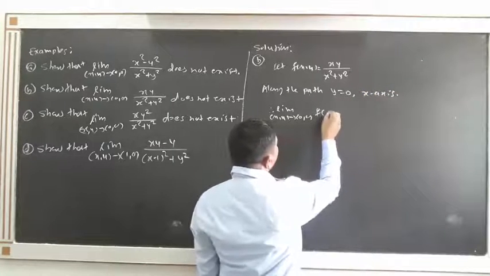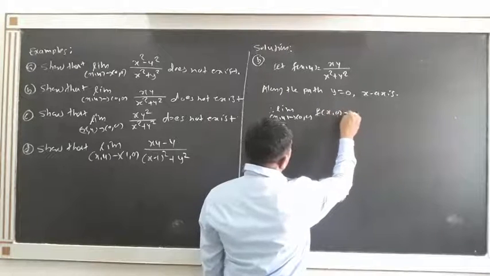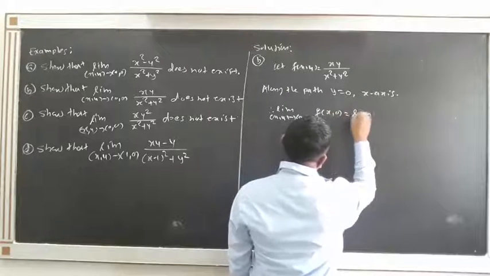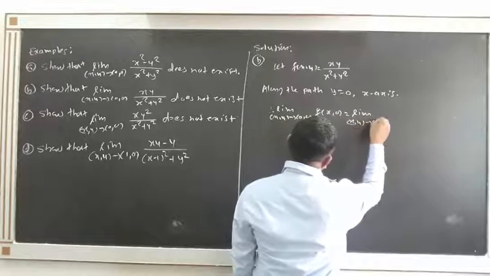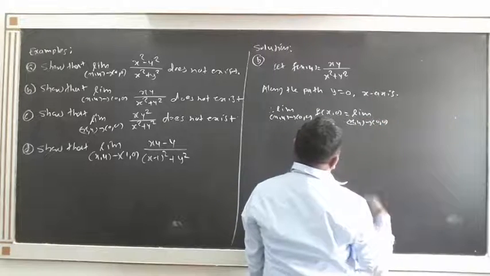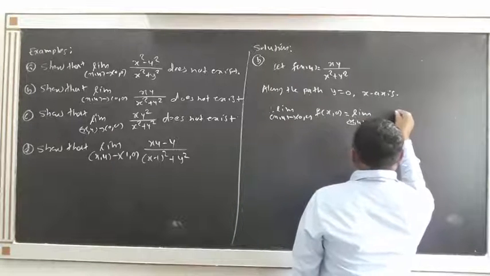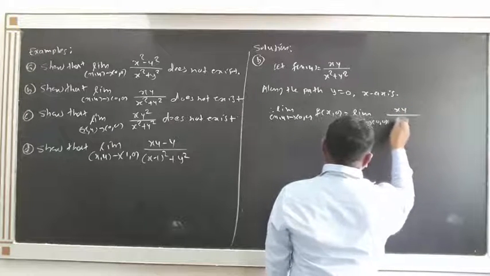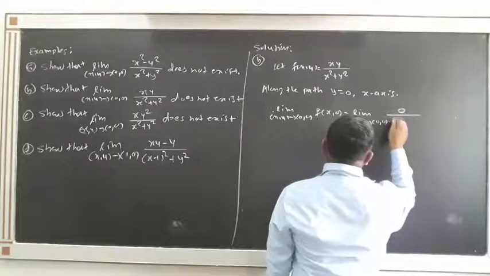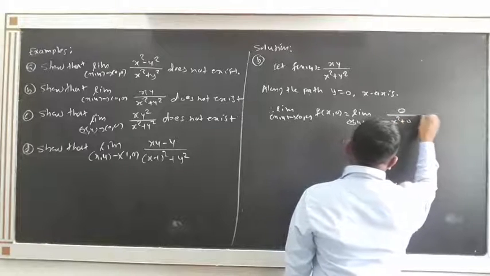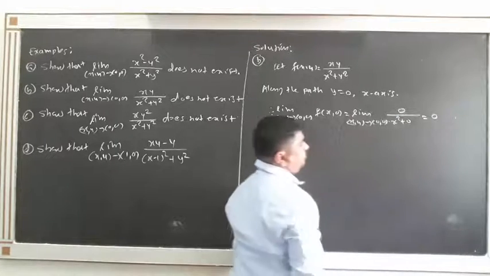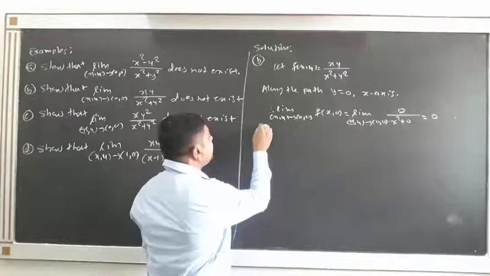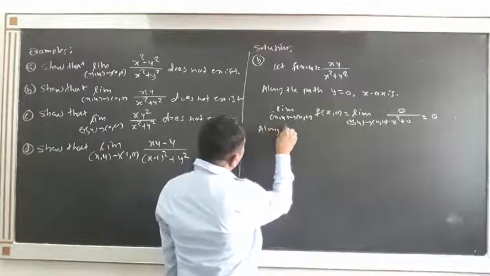It is equal to 0 upon x square plus 0, which should be 0.